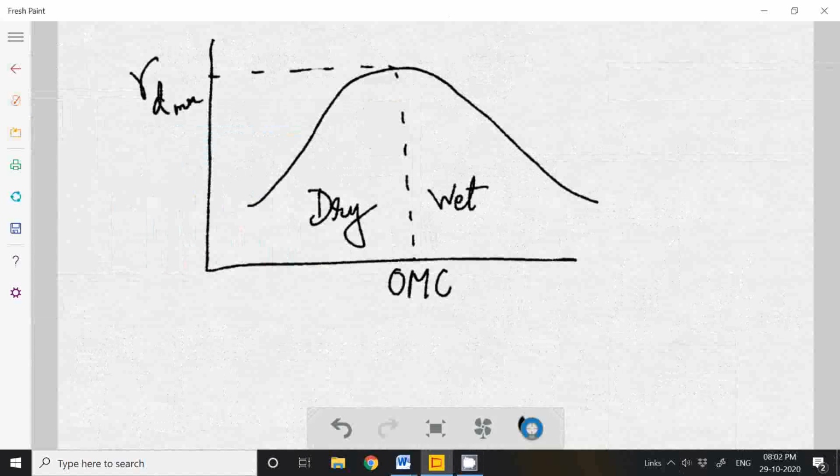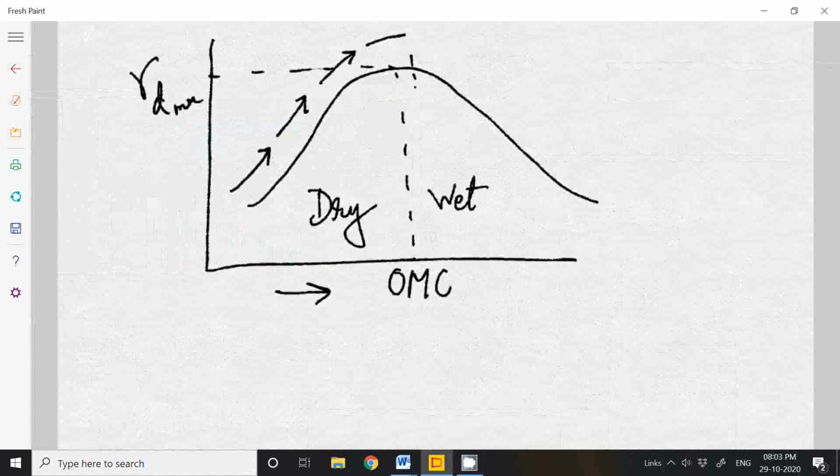As we have said, the permeability decreases with increase in the moisture content. That means as you go from here, with increase in the moisture content, the permeability starts decreasing, and it's the lowest slightly above the optimum moisture content.